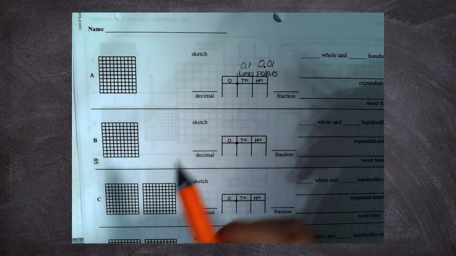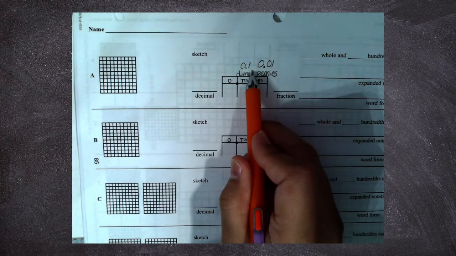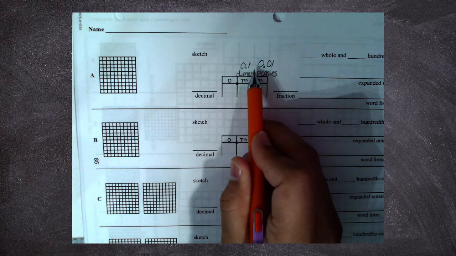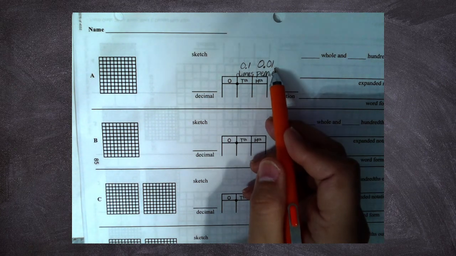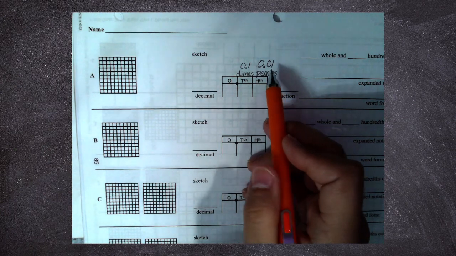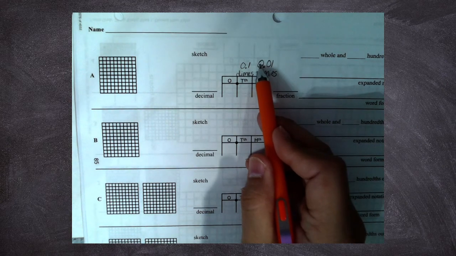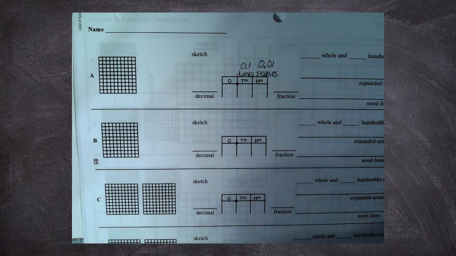If you look at the numbers, you can kind of tell them apart, because on top of the tenths, it kind of looks like I wrote the number 10 backwards, 0, 1. On top of the hundredths, it kind of looks like I wrote 100 backwards, 0, 0, 1. So the tenths have 0.1 and the hundredths have 0.01. And again, anytime I have a place value chart that uses decimals, I always write those two things down.